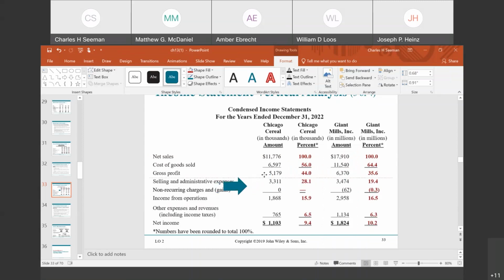What I'm saying is 44 cents of every dollar of revenue that Chicago Cereal generates goes to gross profit, as opposed to 35.6 cents of every dollar of revenue that Giant Mills produces.